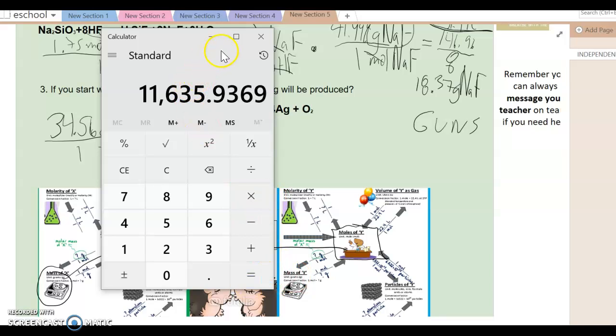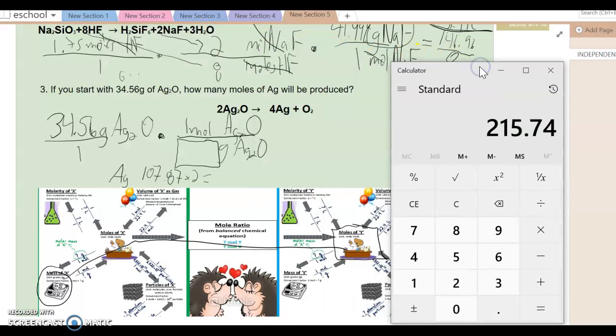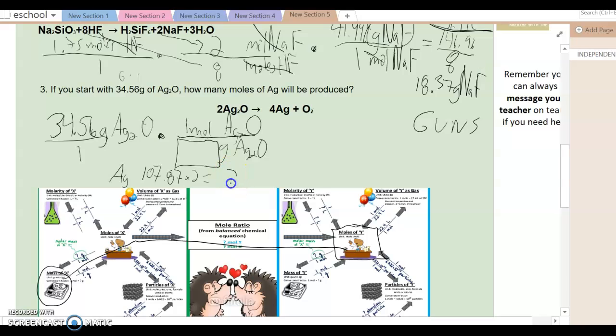equals this. That is wrong. That is astronomical. That looks more appropriate. 215.74 plus my O, which I have calculated to be 16.